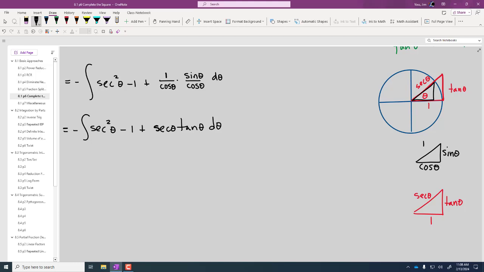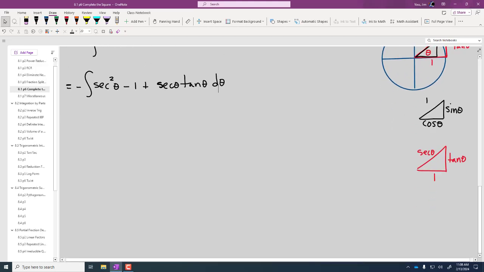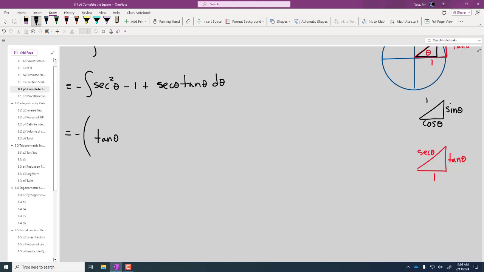Okay, so let's go. So we have minus 1 multiplied by all this stuff. Integral of secant squared is tangent, because derivative of tangent is secant squared. The integral of negative 1 is negative theta. And the integral of sec tan is sec, plus c.